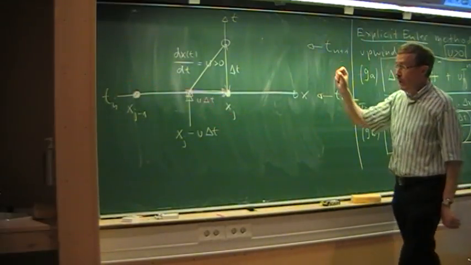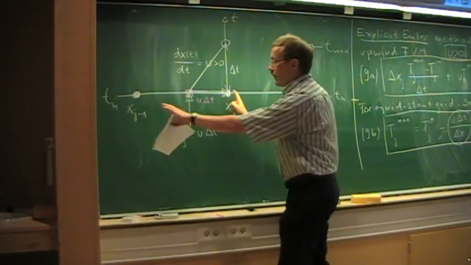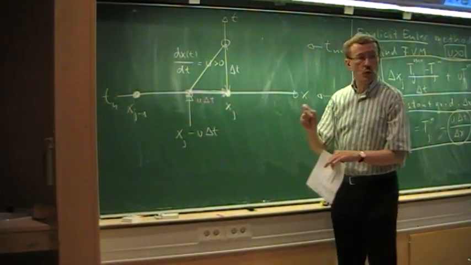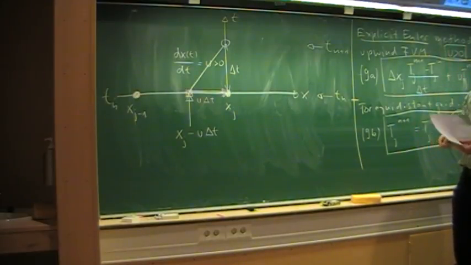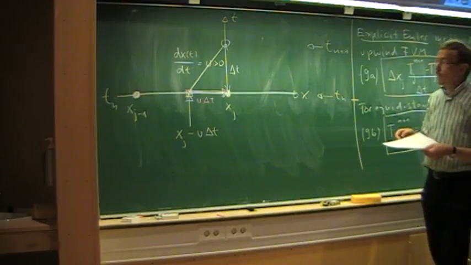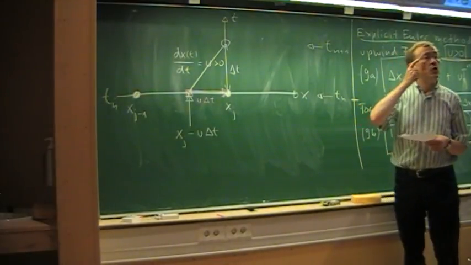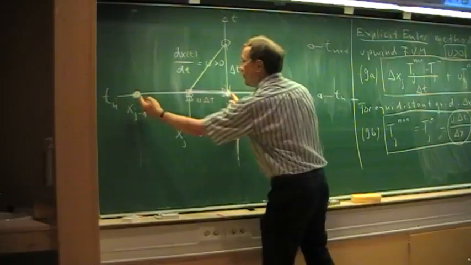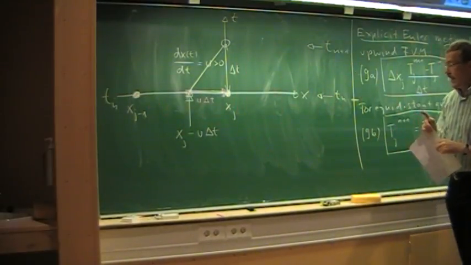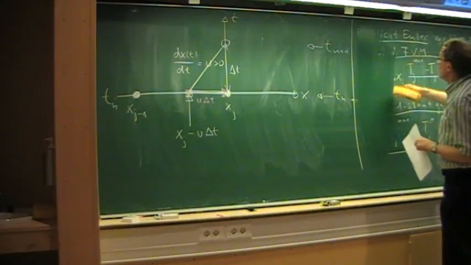So we have to require that this point is inside the interval that we use for determining the solution. We can express that mathematically by saying that the exact domain of dependence, which is this point, has to be inside the numerical domain of dependence, which is this interval. Then we can do an interpolation, otherwise not. So we note that.